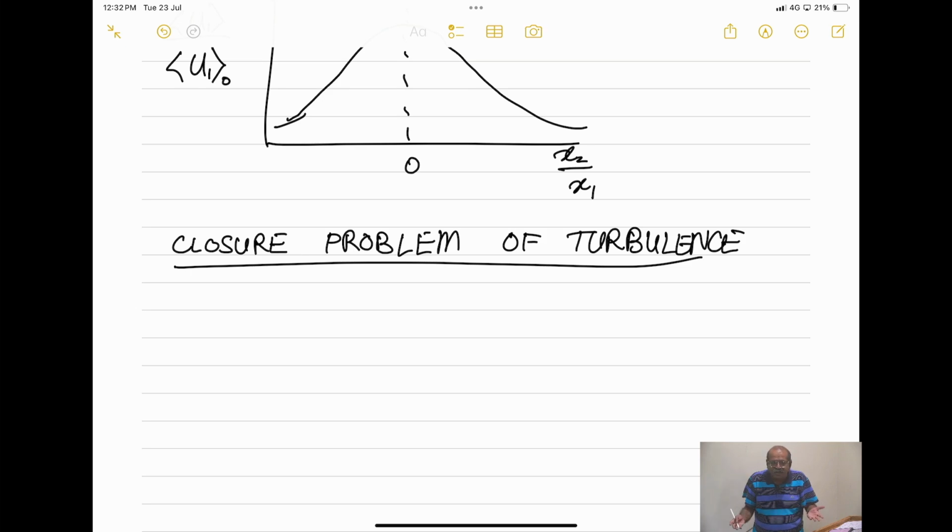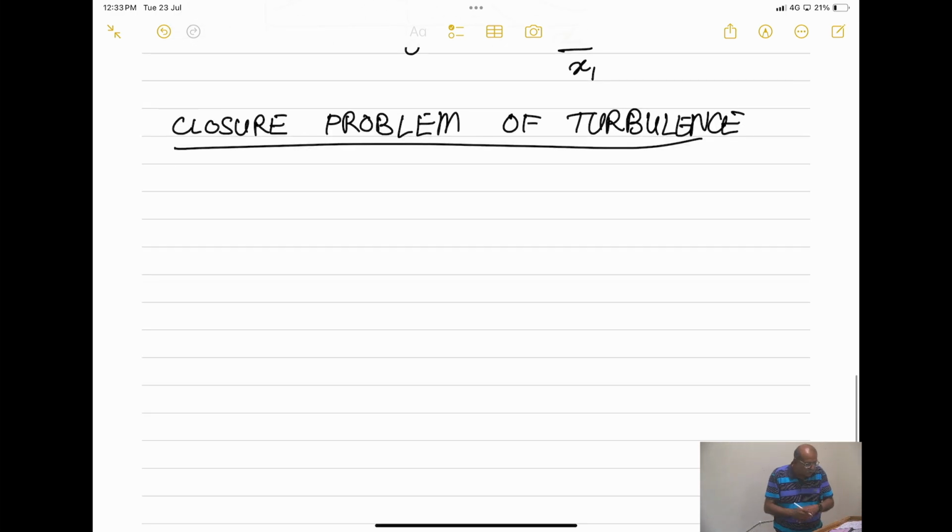So the problem never gets closed, and that is why it is called the closure problem of turbulence. And that occurs because our original equations are nonlinear. For a linear equation set, this will not happen. But because of the nonlinear term, we get this. So again, this will follow. So now let's try to see some of the characteristics of turbulent flow.